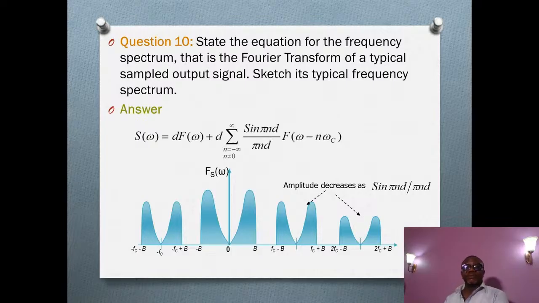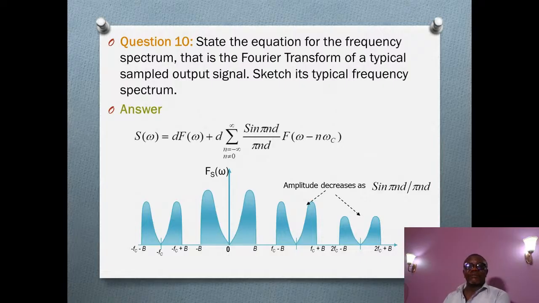Now, when you sample a continuous signal waveform, you get it as a function of time. Then you use your Fourier transform to transform it into its frequency components, that is using the omega terminology.